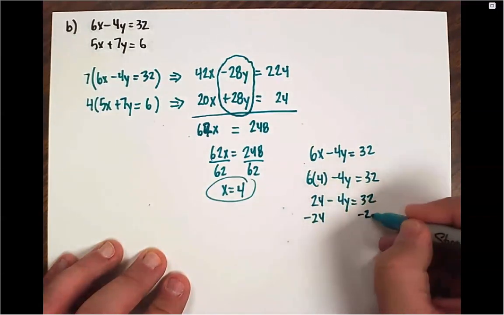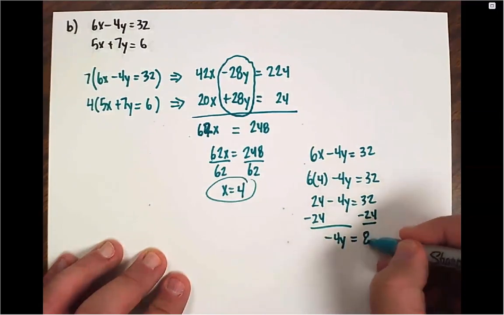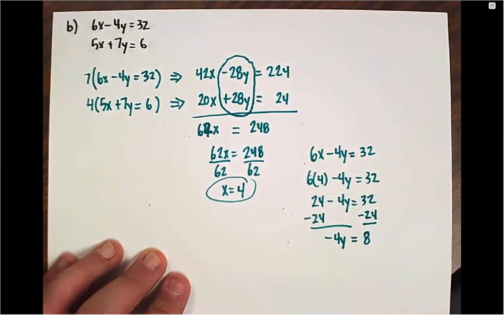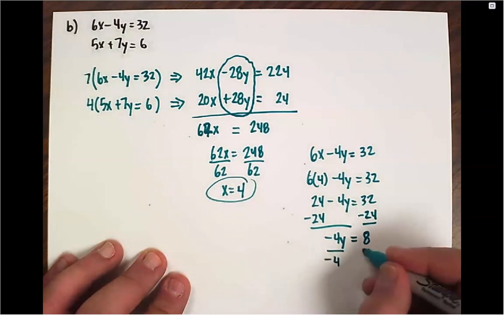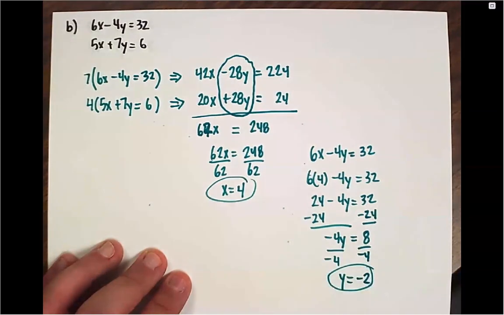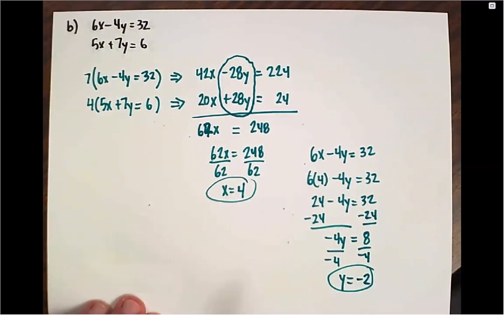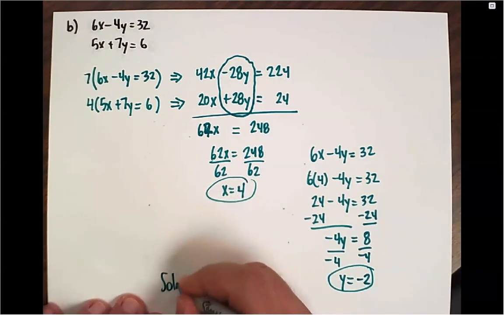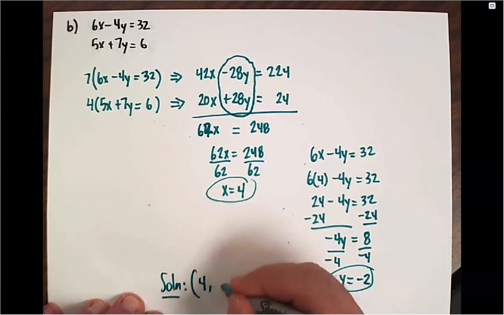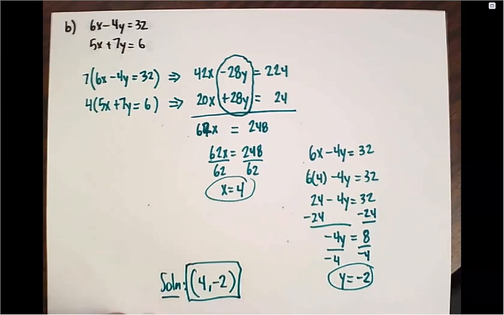If I subtract 24 from both sides, I get minus 4y equals 8. And then I can divide by negative 4, and I get y equals negative 2. So x is 4, y is negative 2. So my solution is the ordered pair 4, negative 2.